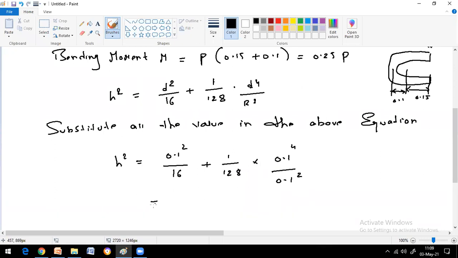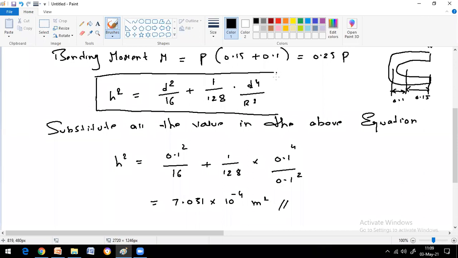This value is 7.031 into 10 power minus 4 meter square, as it is h square. So you can cross check all the answers later on, right? So this is the h square value. Clear? From the formula of a circular cross-sectional member. Okay, right.